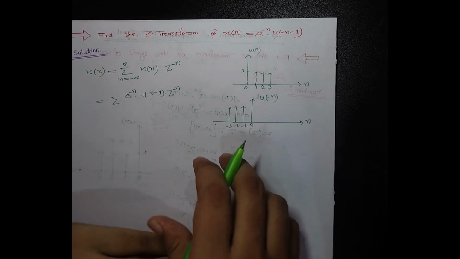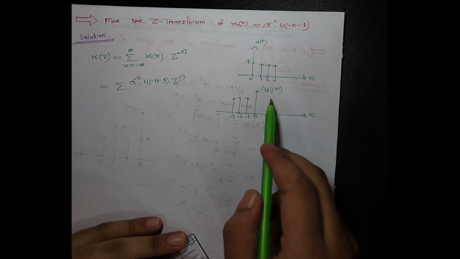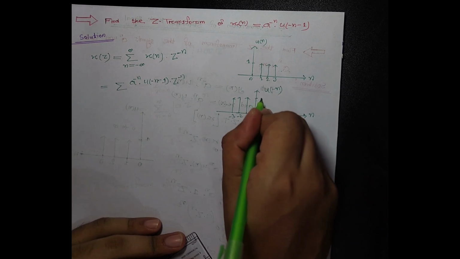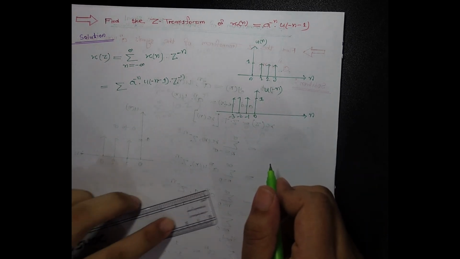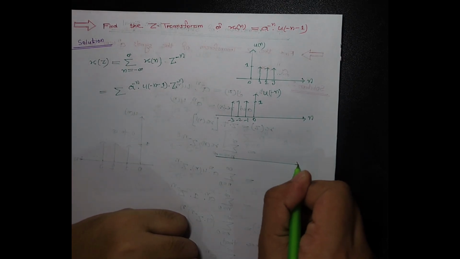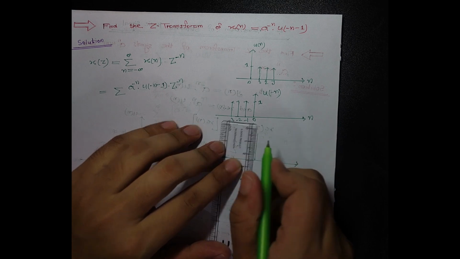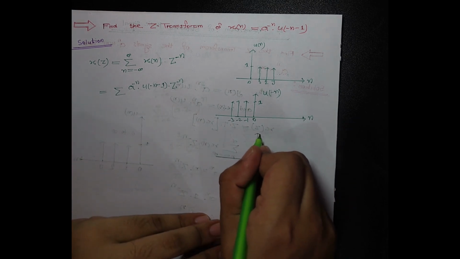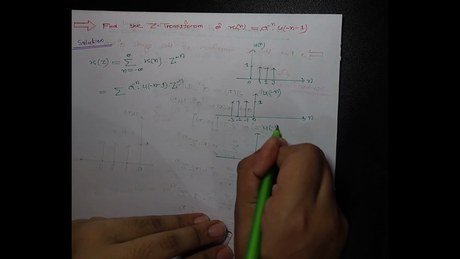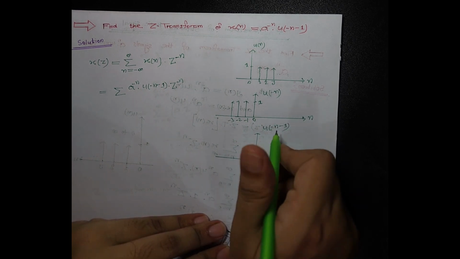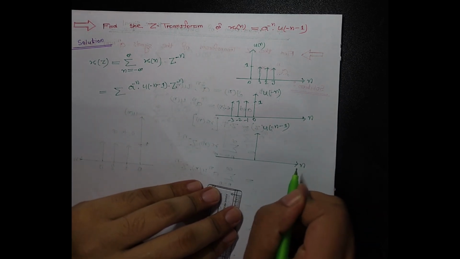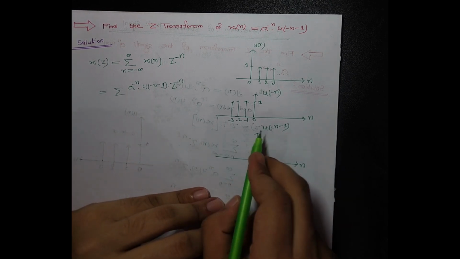By applying reversal property we can get u of minus n, and finally shifting property.